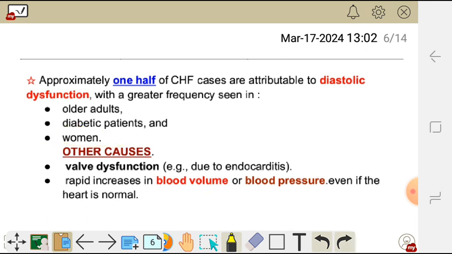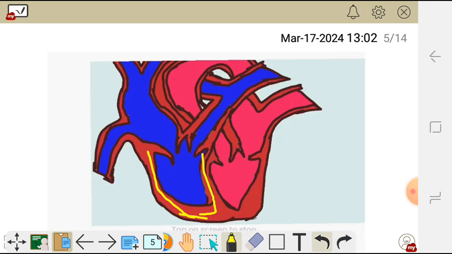Other causes: we have valve dysfunction, for example due to endocarditis or calcification of the valves, which can also cause heart failure. For example, if these valves here are inflamed, the heart won't be pumping blood properly.